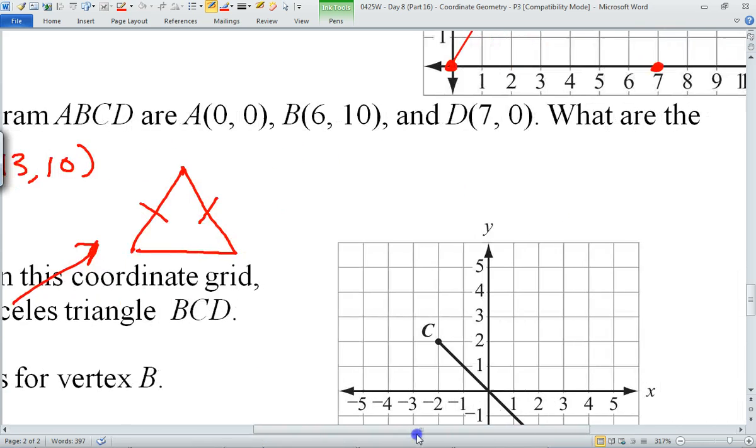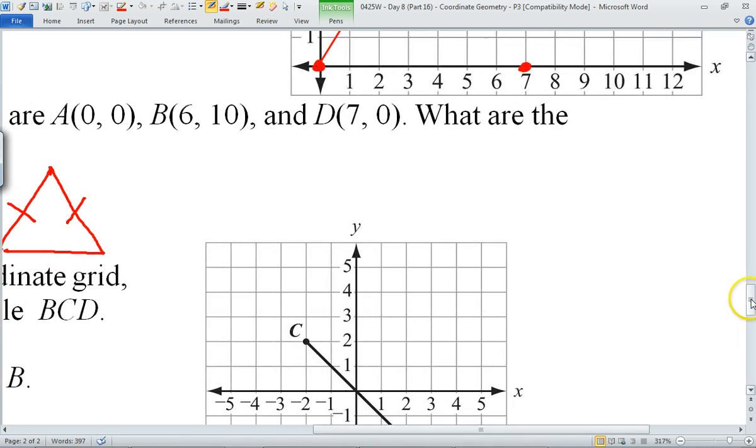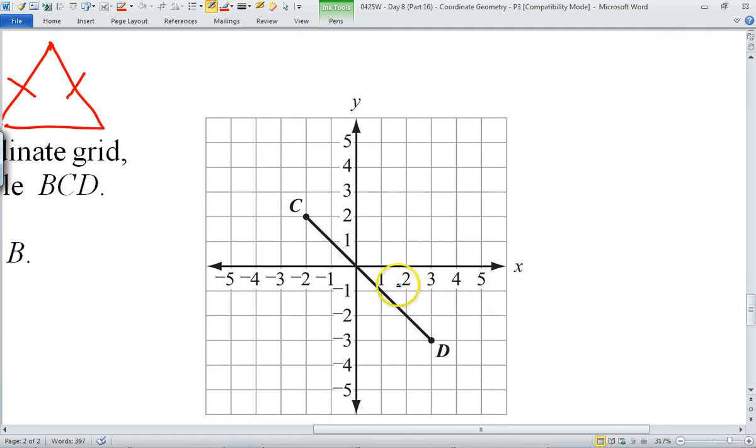Alright, so they're asking us where the third point would be to build an isosceles right triangle. So just draw it. If I draw a right triangle from C to D, and it does happen to be isosceles like it said, so this would have to be the other point B.